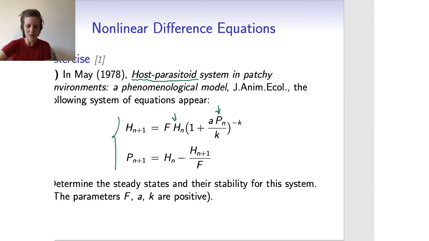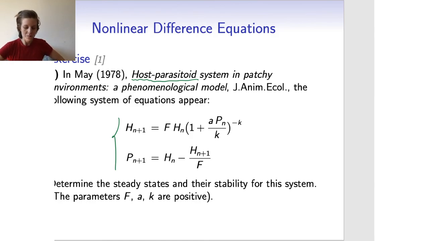So you're going to have something like Hn times Pn, which is nonlinear. So what you need to do here? The question is, determine the steady states and their stability for this system. And you should assume that F, A, K are positive parameters.